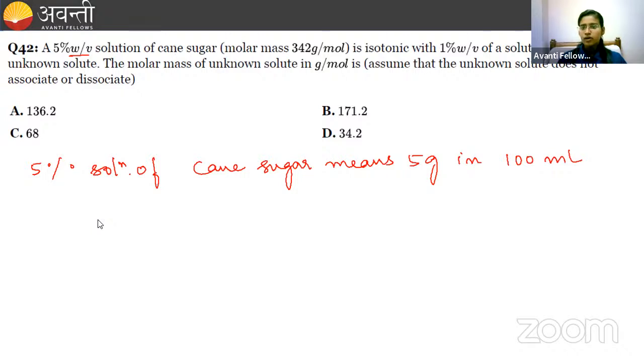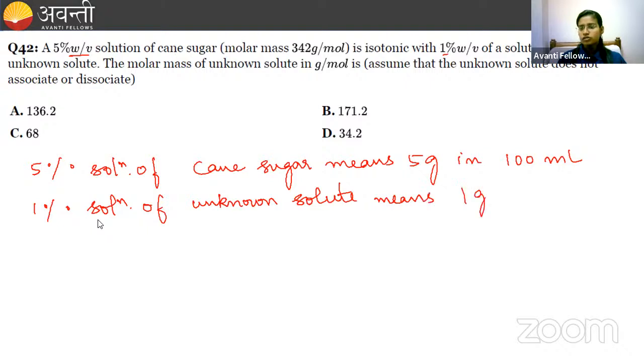And also we are provided with 1% mass by volume of the solution. So 1% solution of the unknown solute means that 1 gram of the solute is present in 100 ml of the solution. Okay. And also it is said that both these things are isotonic with each other.